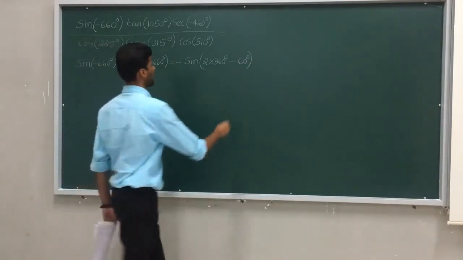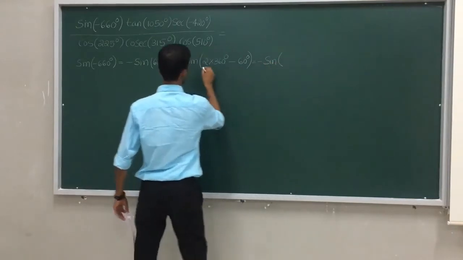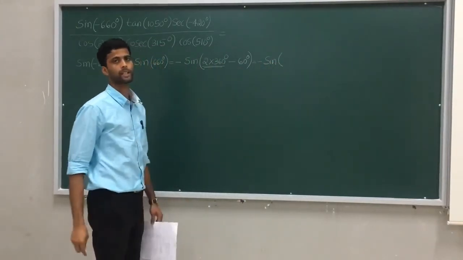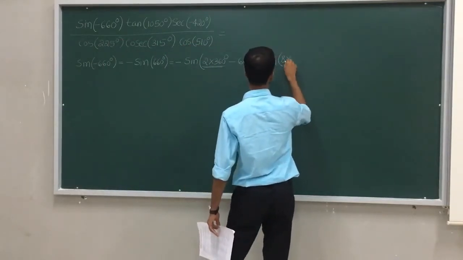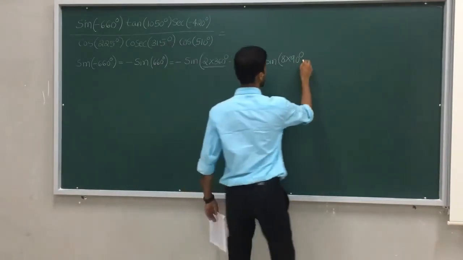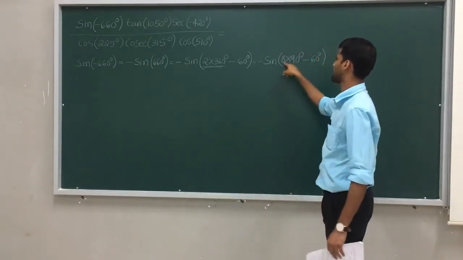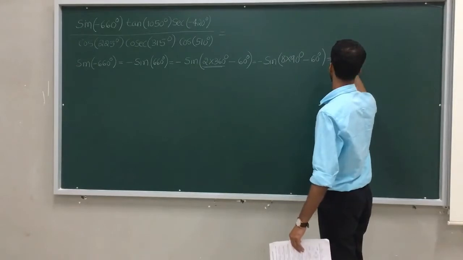Now it is minus as it is, sine of, since 360 times 2 is 720. How to write 720 in terms of 90? It is nothing but 8 times 90 degree, minus 60 degree. Since 8 is even, the function will remain the same function.